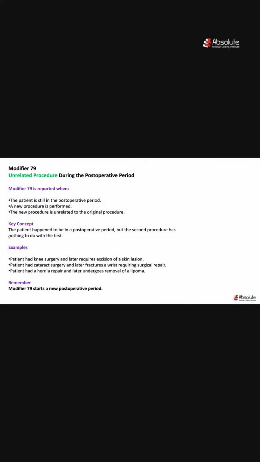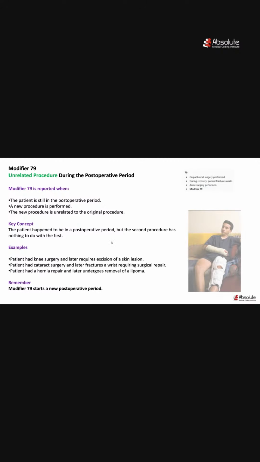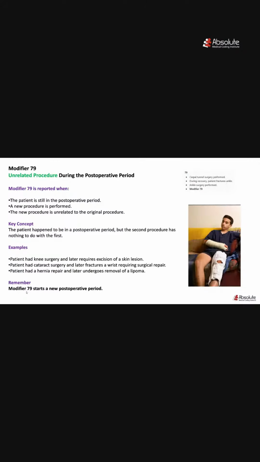So the key concept, the patient happened to be in a postoperative period, but that second procedure has nothing to do with the first one, okay? And just so you know, Modifier 79 starts a new postoperative period.